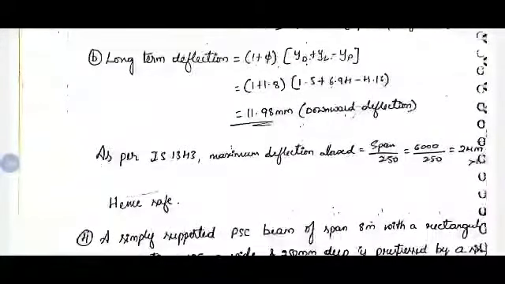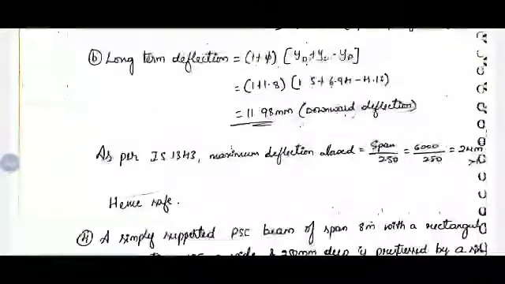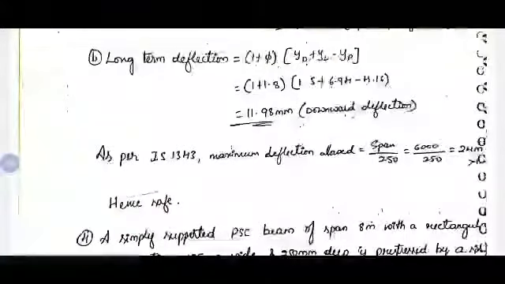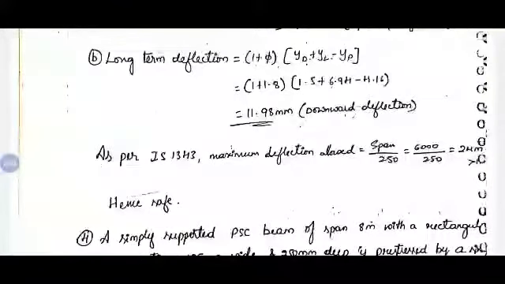So if you substitute span of 6000 mm over 250, you will get 24 mm. So the deflection we are getting is 11.98, almost 12 mm. So it is almost half of the allowable deflection. So the beam is safe.